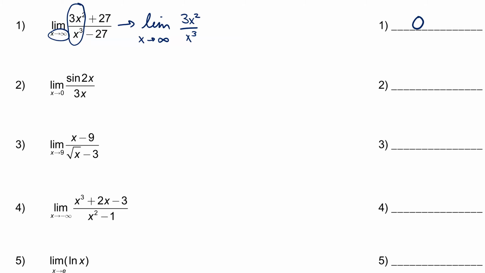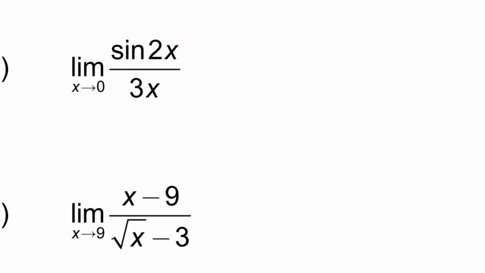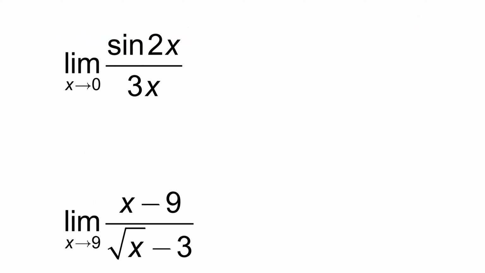Okay. Next, limit as x approaches infinity of sine of 2x over 3. So let's think. We know the limit as x goes to 0 of sine of 2x over 2x would be 1, but we don't have the same number. So what I would like to do is write the bottom as 2. If I multiply by 2 over 2, am I changing the problem?